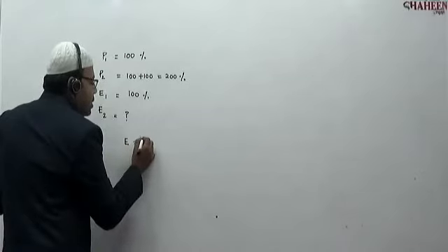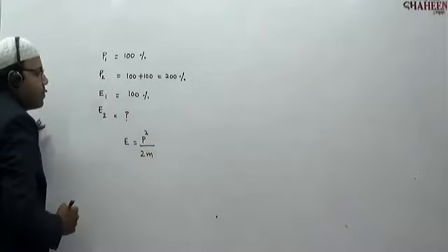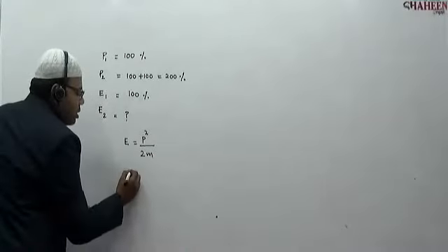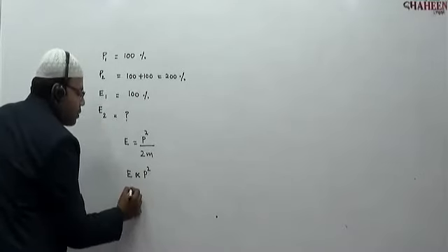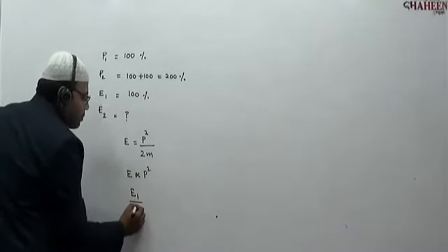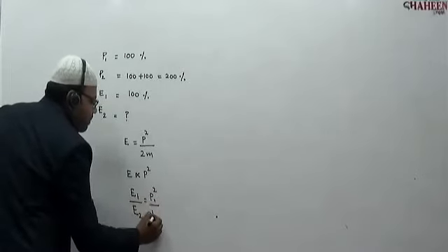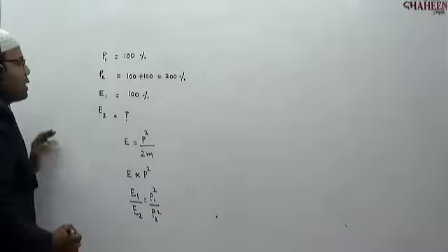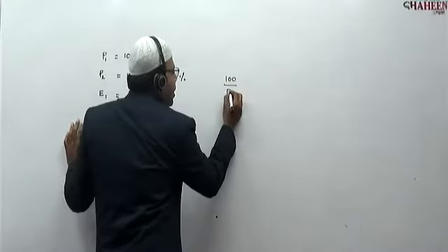We use the relation E equals p squared by 2m. E is proportional to p squared, mass is constant, so E1 by E2 is equal to P1 squared by P2 squared. E1 is 100, E2 we have to calculate.